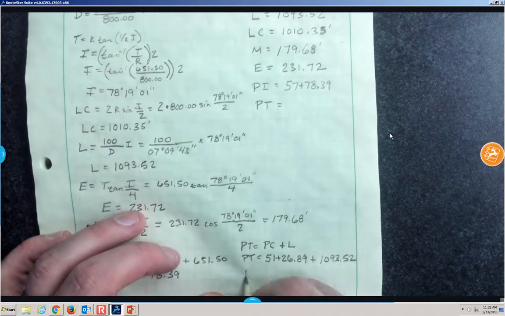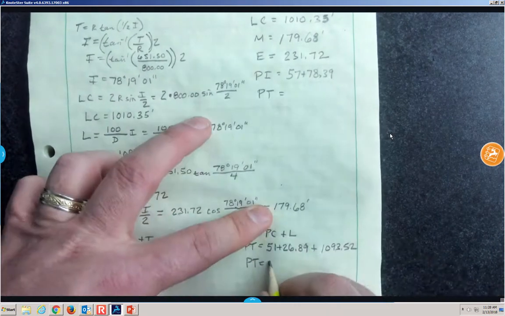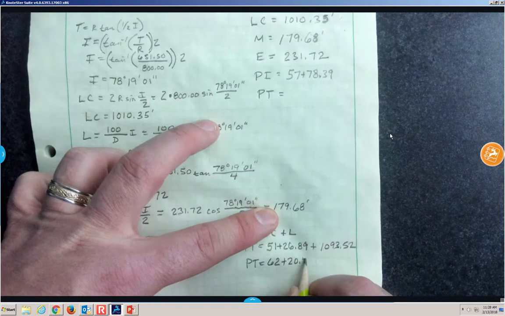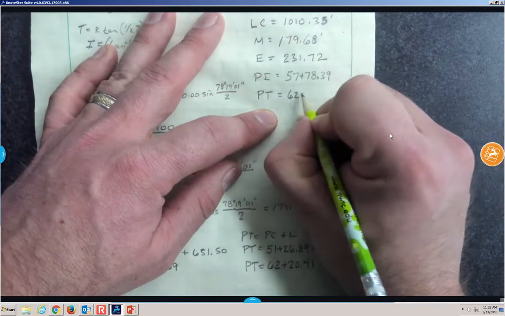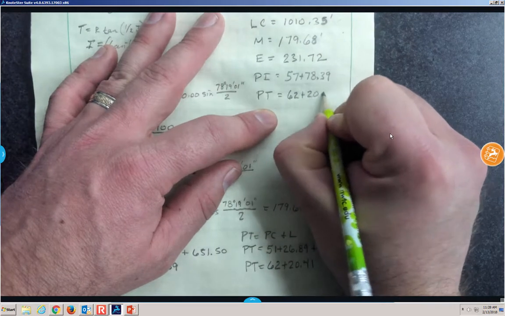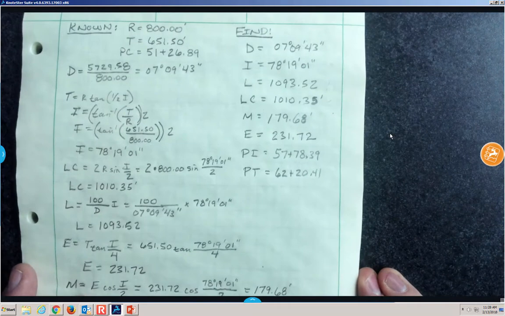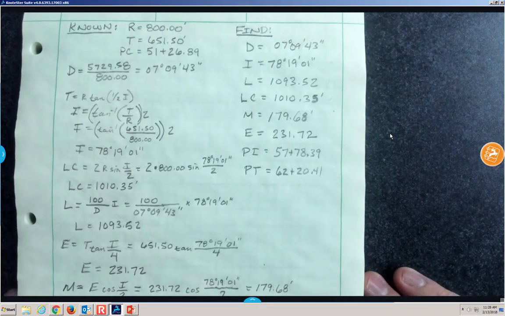PT equals 62 plus 20.41. Okay, so that's our PT station.